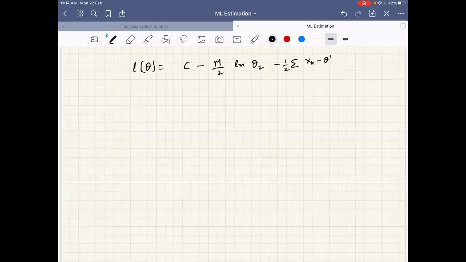I'm just writing here the same thing for convenience. Now what should I do? Dou L by dou theta 2, and then equate to 0.